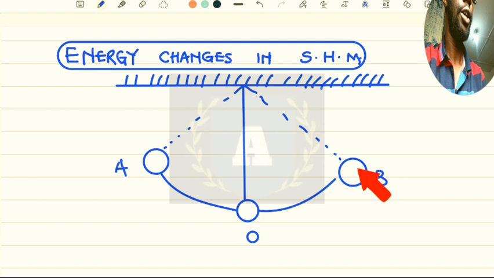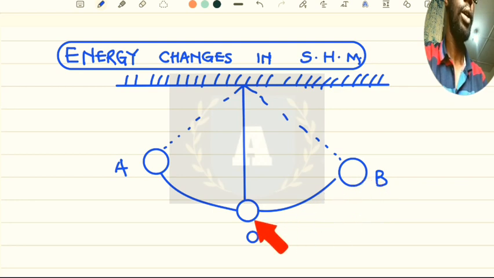potential energy here. The object has the fastest velocity at point O, because the energy here is entirely kinetic. So as we move to B, kinetic energy is conserved and transformed to potential energy.